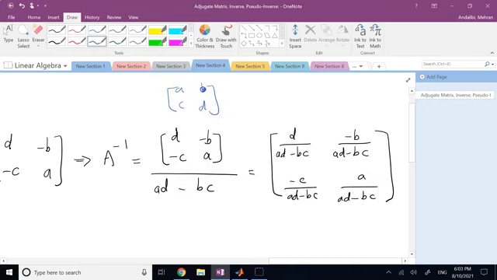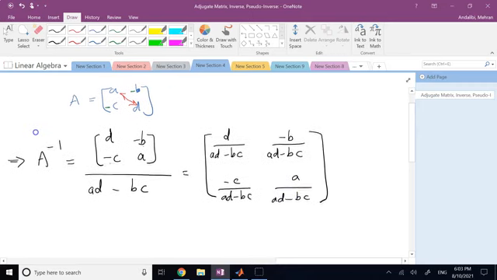You see, D is up here, A is there. The anti-diagonal elements are not swapped, but in their own place they are negated. So the anti-diagonals are negated, the diagonals are swapped. That's the adjugate for a 2 by 2. And then, of course, divided by the determinant.